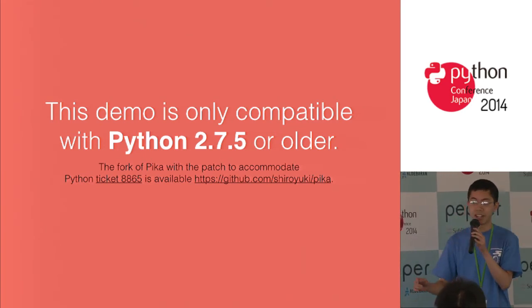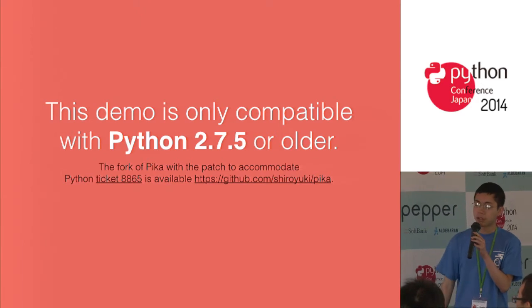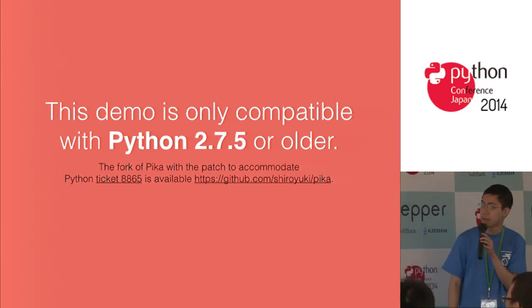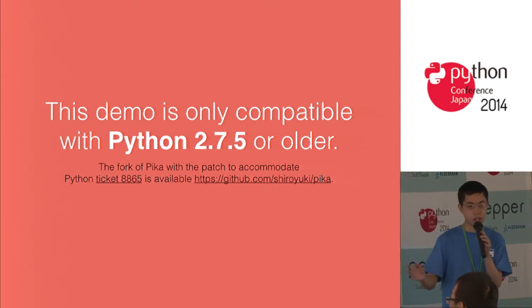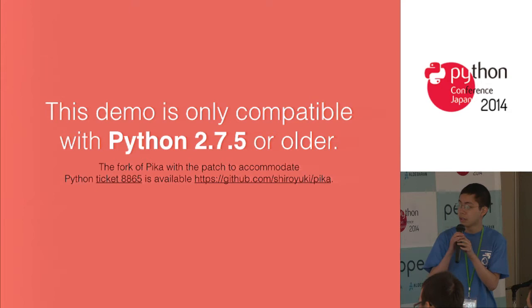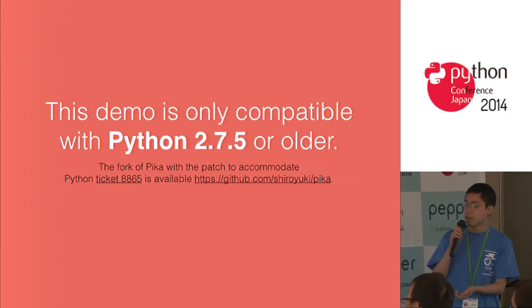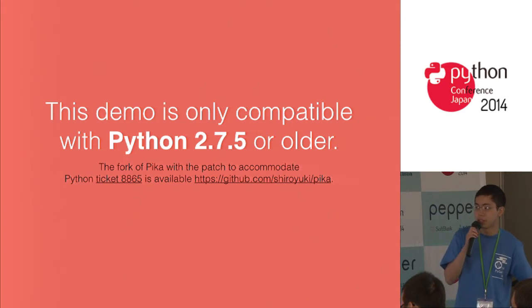Although if you run Linux on Mac, I'm sorry too. There's a problem with Python 2.7.6 that creates a bug in the Pika library, which we're going to use at the end of the talk. So if you follow along, we can do about 75% of the demo, and I will tell you when the bug is coming up.